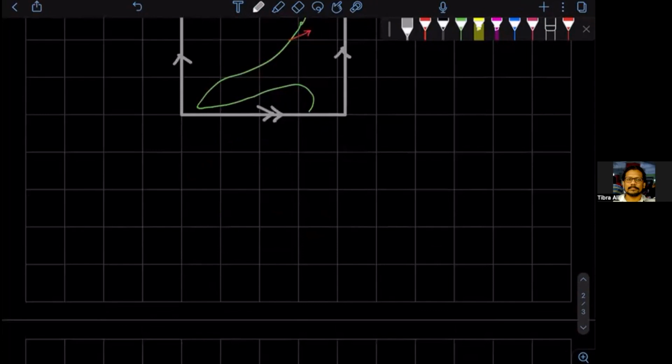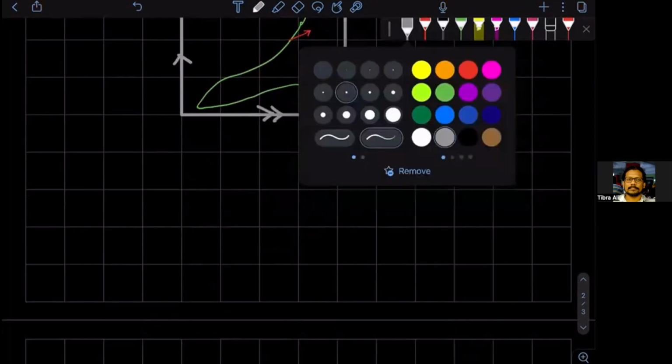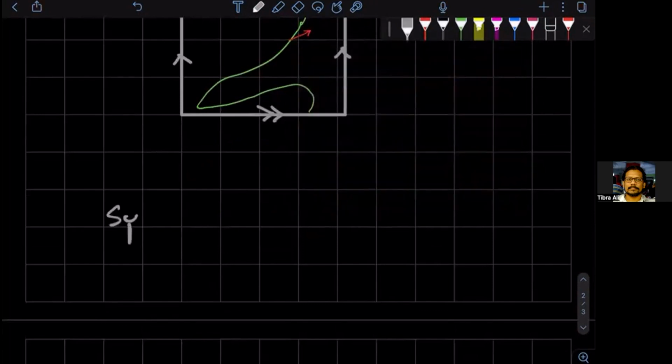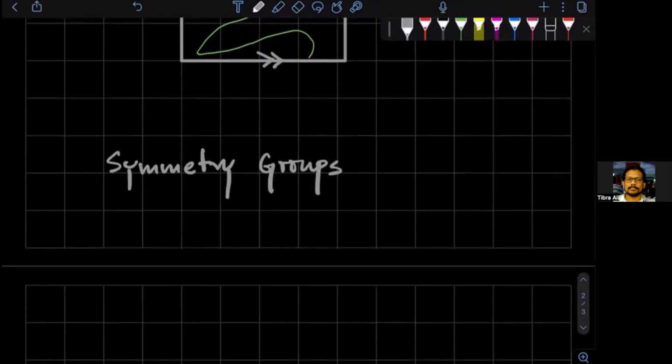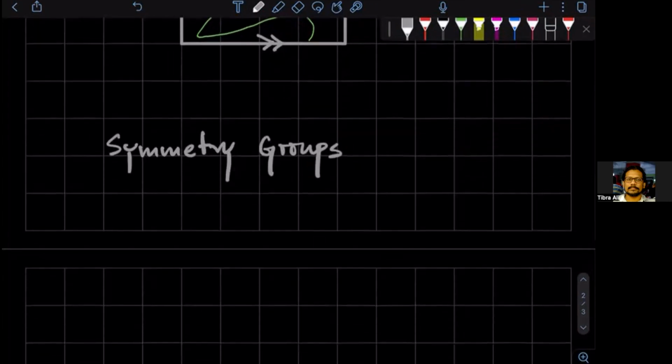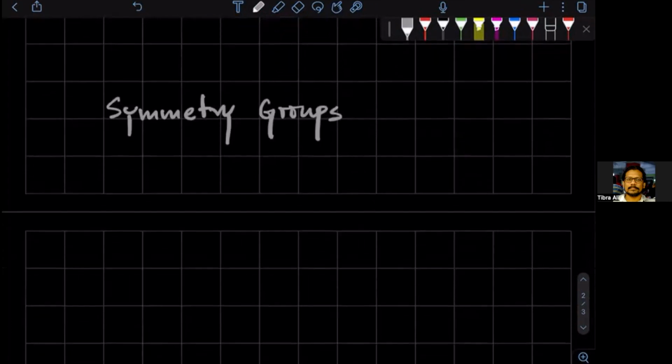And then there are the symmetry groups. What the symmetry groups do is measure the symmetry of the metric of a space.